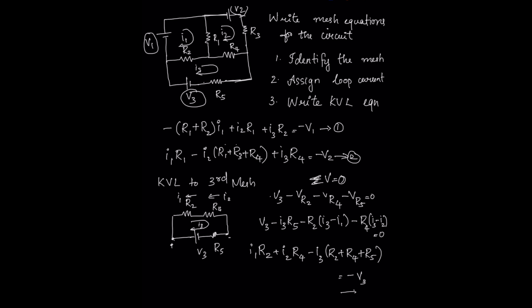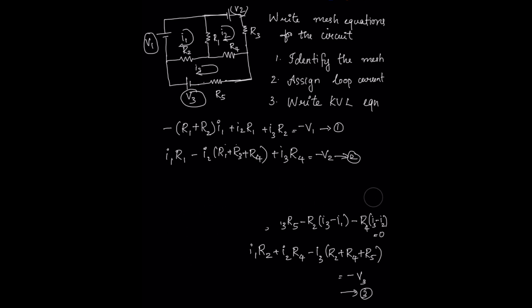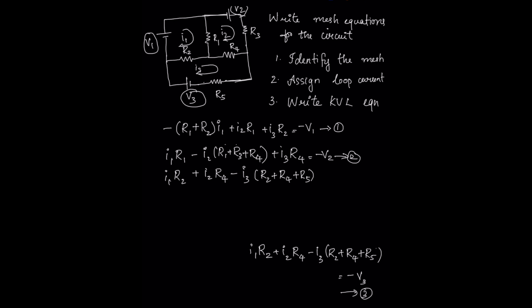So this is our third equation. So we got three equations. Let me write it here: I1 R2 plus I2 R4 minus I3 into R2 plus R4 plus R5 is equal to minus V3. So this is our third equation.